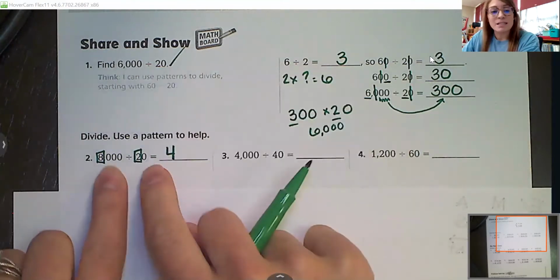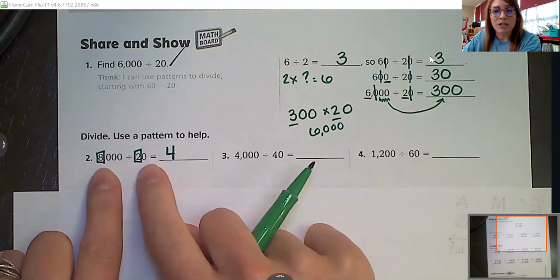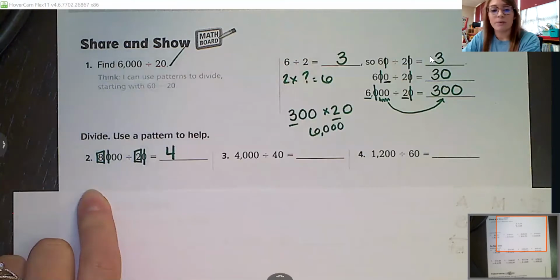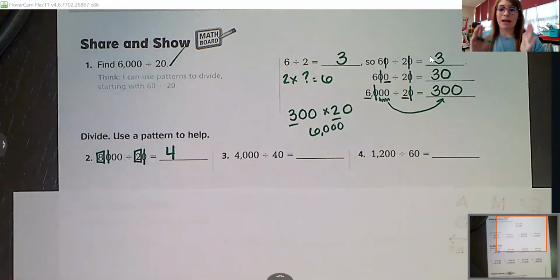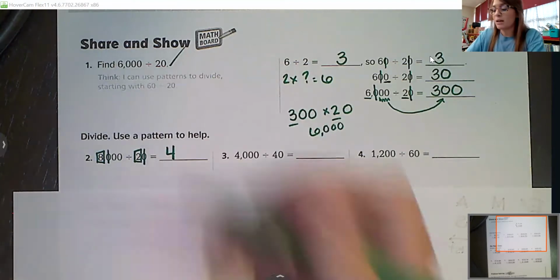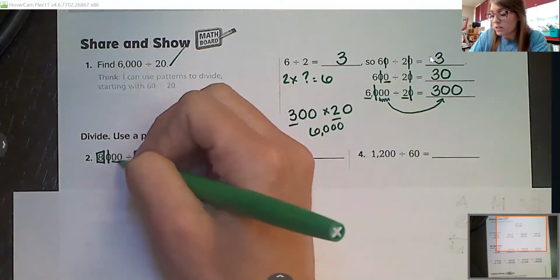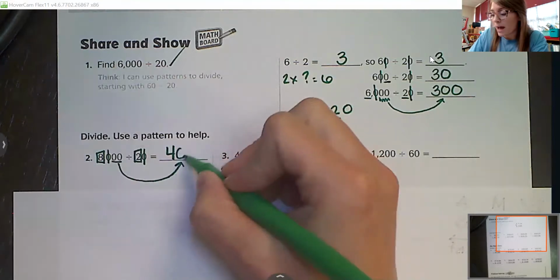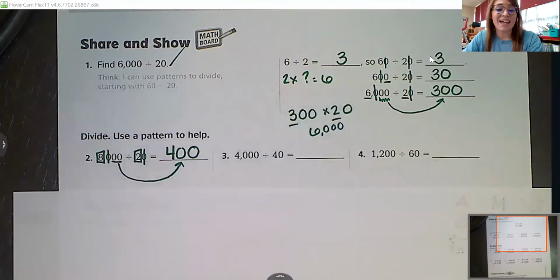Now I'm going to cross out those matching pairs of zeros. I've got 1 0 here and 1 0 here, but those are the only ones that have a matching pair on both sides. So the 2 leftover zeros that do not have a pair are going to go in my answer. And 8,000 divided by 20 is 400.